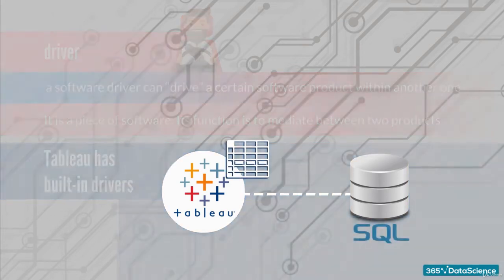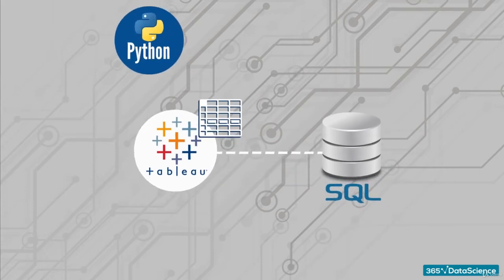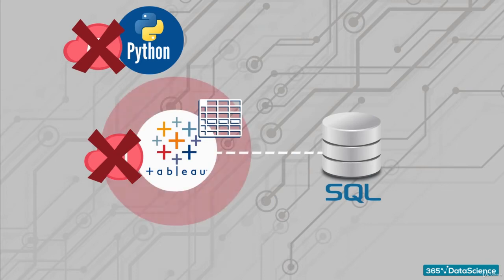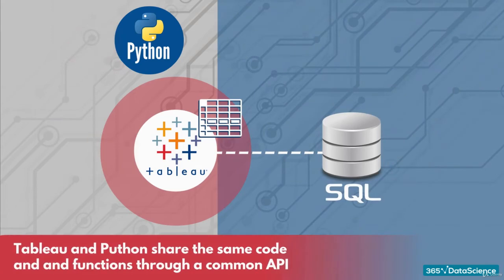Then, using this dataset and regarding the combination of Tableau and Python, instead of passing information through the respective APIs, it appears that the two software products communicate with each other by sharing the same code and functions through a common API. My point here is, Python is one programming language.